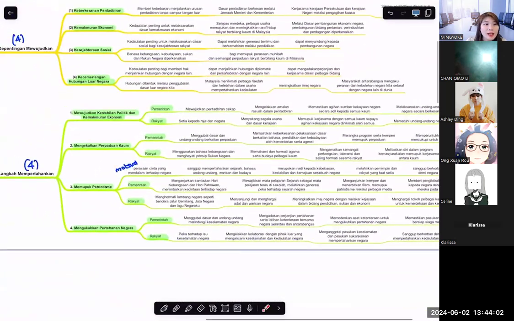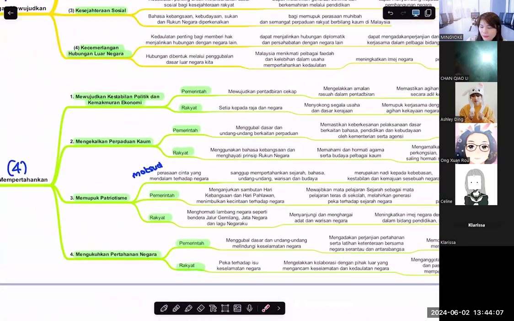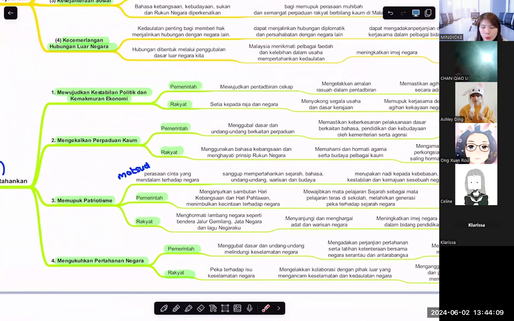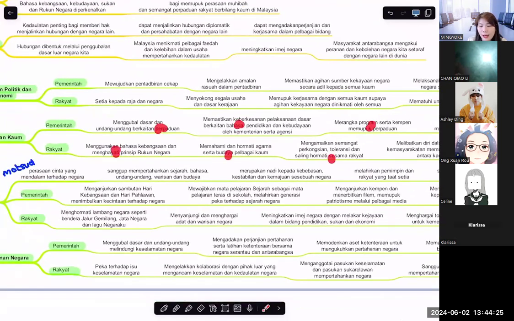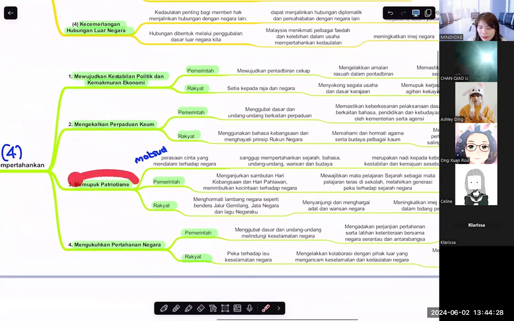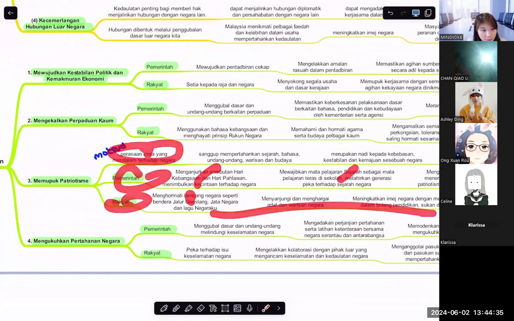And last, langkah, how do we defend our sovereignty? First, if we want to create political stability and economic prosperity, these are the langkah of the government and the citizens. To maintain unity, same, these are all the langkah. Other than that, to cultivate patriotism, this is the maksud, and these are the pemerintah and rakyat langkah.